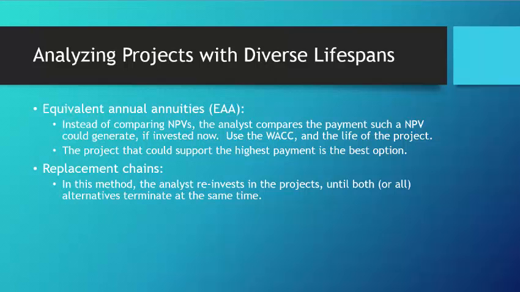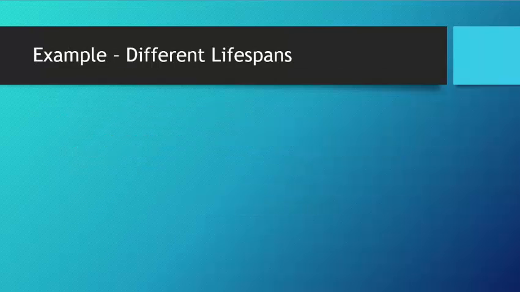And the problem that you have in that instance is you may not know how much the replacement costs will be in the future. You can make some assumptions, and in many instances those assumptions have to include the inflation rate. So at that point, once you get them with all exact ending dates, you can actually look at the net present value as we did before. Phew. But that one could be a real pain. So let me show you how both of these work with a simple example.